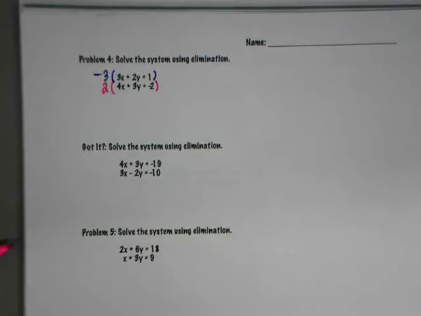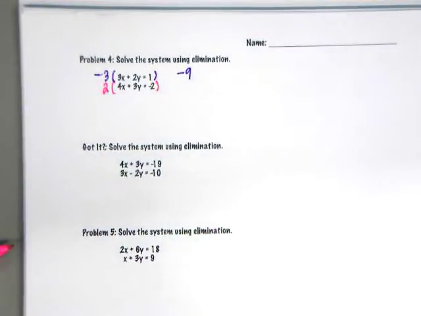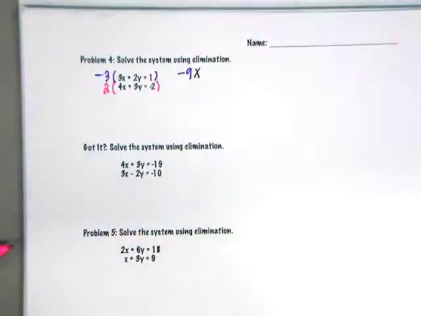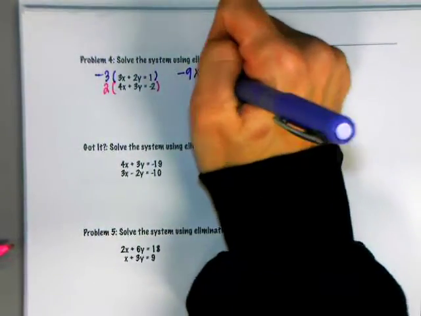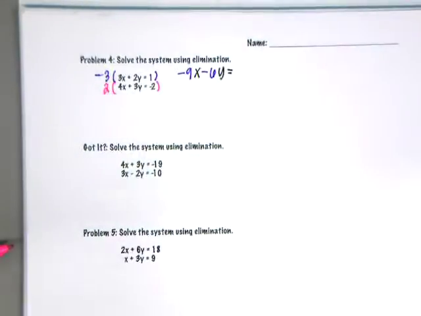So if I do that, negative 3 times 3x is going to be a negative 9x, and then a negative 6y, and then a negative 3.